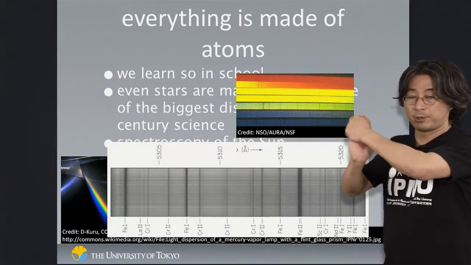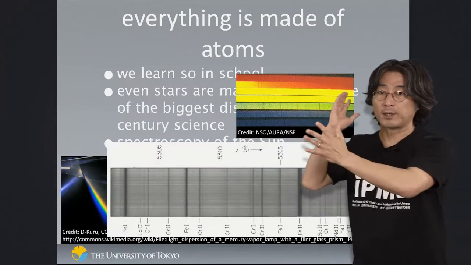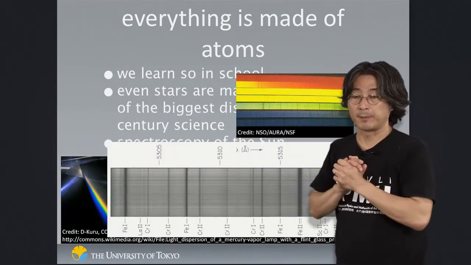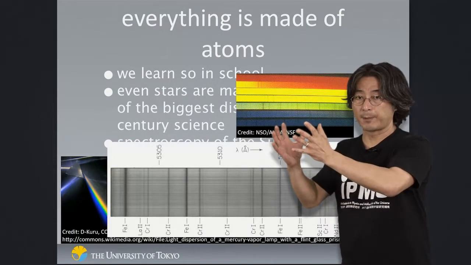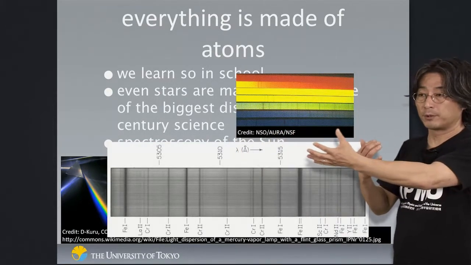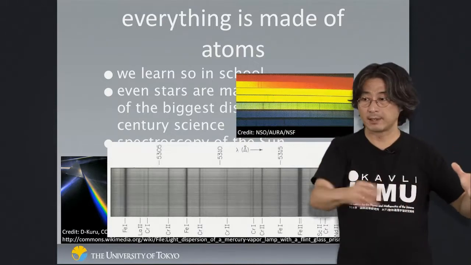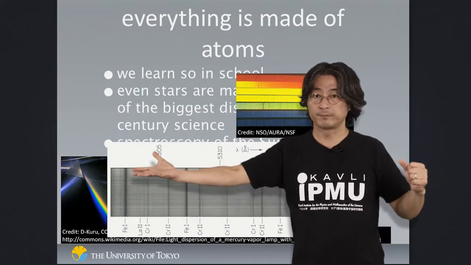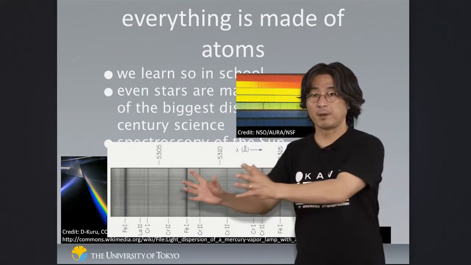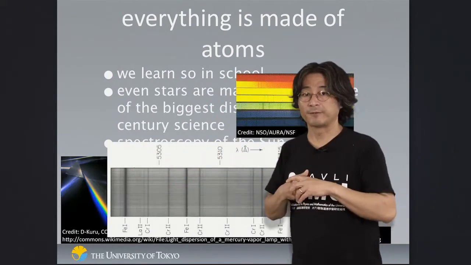For a given chemical element, you know exactly what color will come out from it. At the same time, those are the only colors that particular element can also absorb. So one element, specific colors, either absorption or emission. One chemical element implies a very specific set of colors.